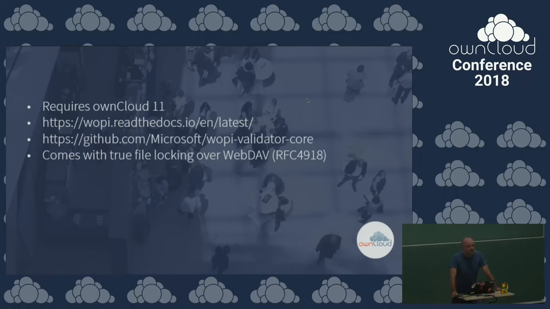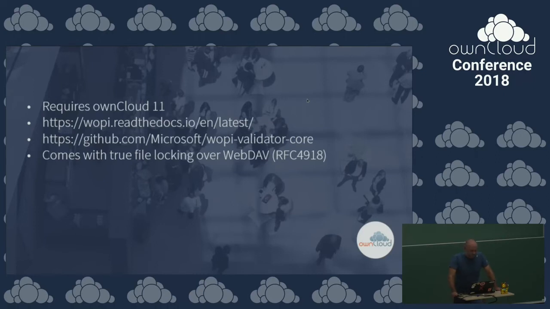There are plans, there are ideas to make a more lightweight locking mechanism, which we can backport to the stable 10 product line, so that we can roll it out, let's say in the scope of the next few months. Otherwise, waiting for ownCloud 11 would be a little bit boring if I talk about it today.